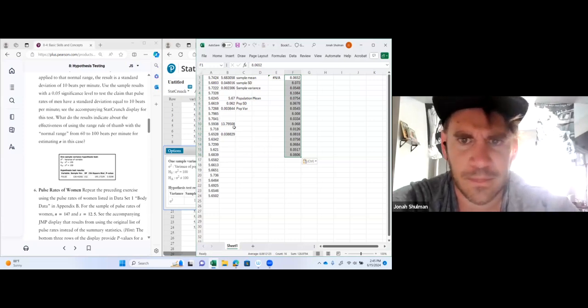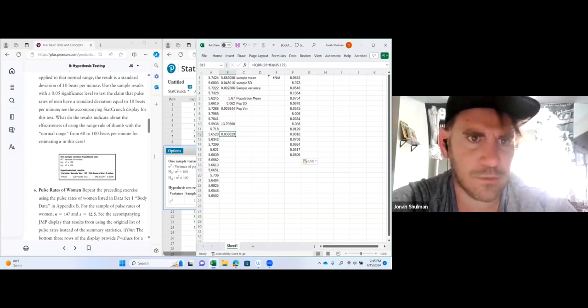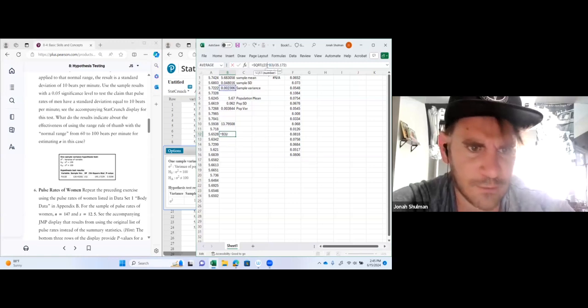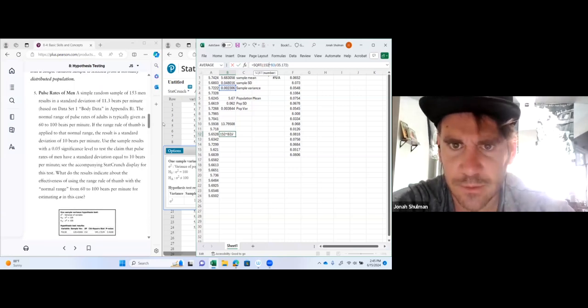Okay, so we know this is the formula, right? This is the formula for the chi-square test. So we have now 153. Sorry, 152 the degrees of freedom.